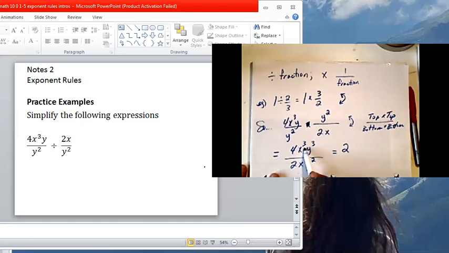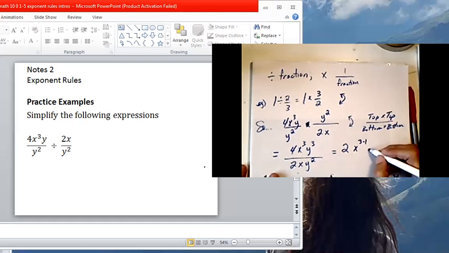We have x cubed divided by x, so the exponents subtract one another. Yes, subtract, for sure. And yes, it will be a 2. I'll put it in the next step. And then the y's are divided as well. Perfect. 2x squared y.